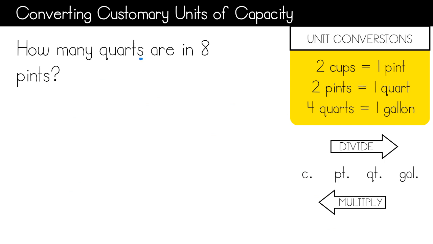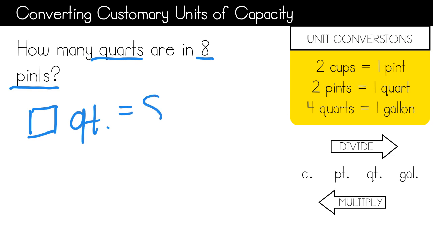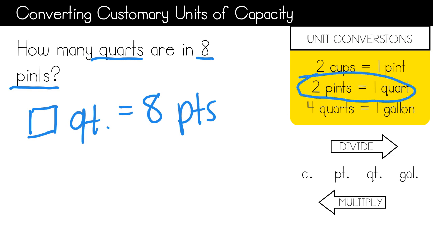How many quarts are in 8 pints? So how many quarts, I'm going to use the abbreviation, equals 8 pints. We are going with pints and quarts, and we know that 2 pints, lining up my pints, equals 1 quart.